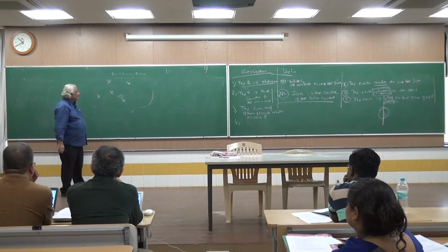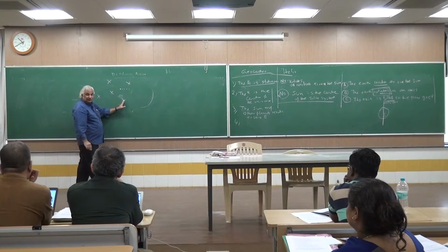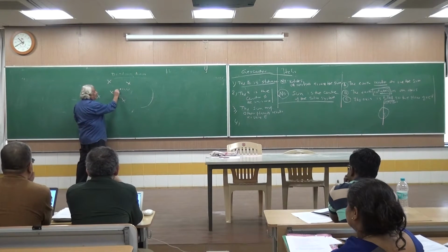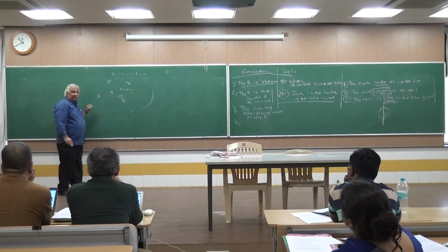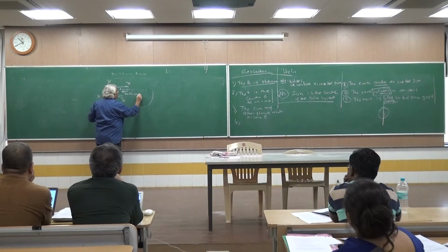If you look at a planet, then its position seems to move in relation to the stars in one direction, and after some time it moves back, and then continues moving in the same direction. So if this is the main direction, this part is the retrograde motion.